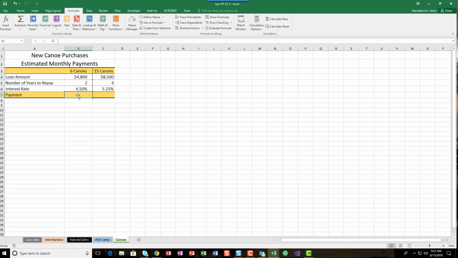We're going to look at the scenario here where we're buying 6 canoes and 15 canoes. Here's the amount we're going to borrow, the loan amount, and we want to look at 2 years to repay at 4.5 annual percentage rate. 15 canoes are going to cost us $8,500. We're going to take 4 years at a fixed interest rate of 5.25 APR.